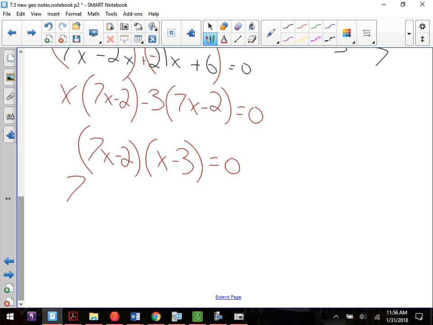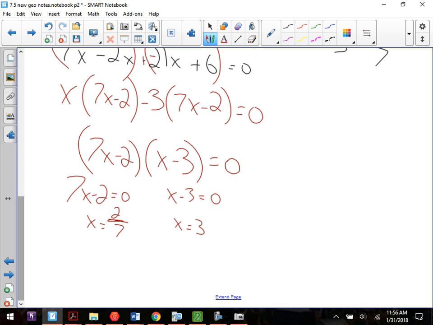This is all algebra stuff. Add 2 divided by 7. Add 3. Those are your two possible zeros for the answer for that.